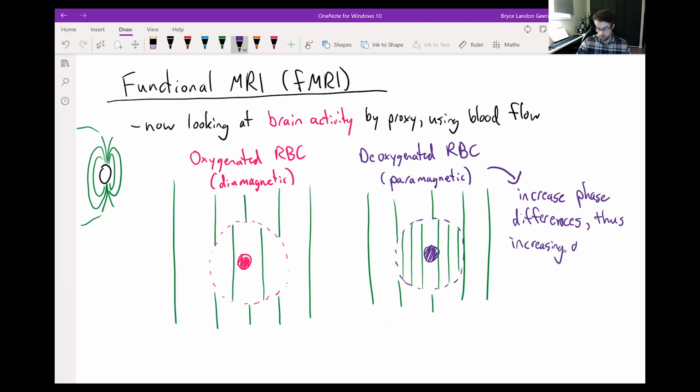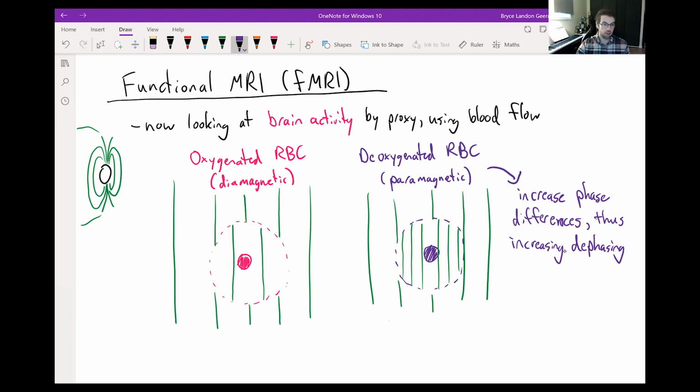You know how we talked about T2 star effects? This is a T2 star effect, right? It's not just typical spin-spin interactions, it's differences in the magnetic field that are experienced by local tissues and their surrounding environment based on factors other than just interactions of spins and exchanging that energy in that paired way like we talked about in session 2 or 3.